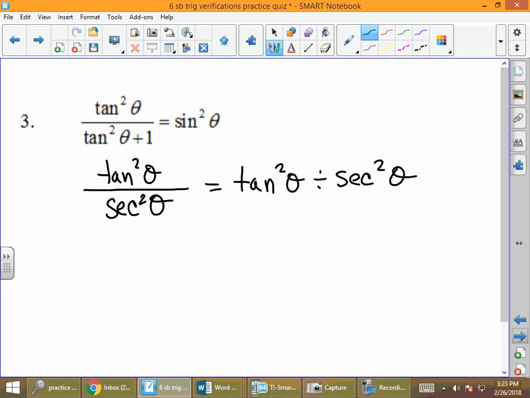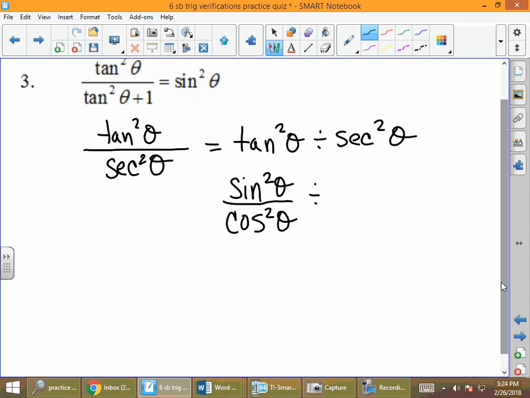And I write it like that because we are probably better off if we rewrite tangent as sine squared theta divided by cosine squared theta. And if we rewrite secant squared theta with its reciprocal identity as 1 divided by cosine squared theta.